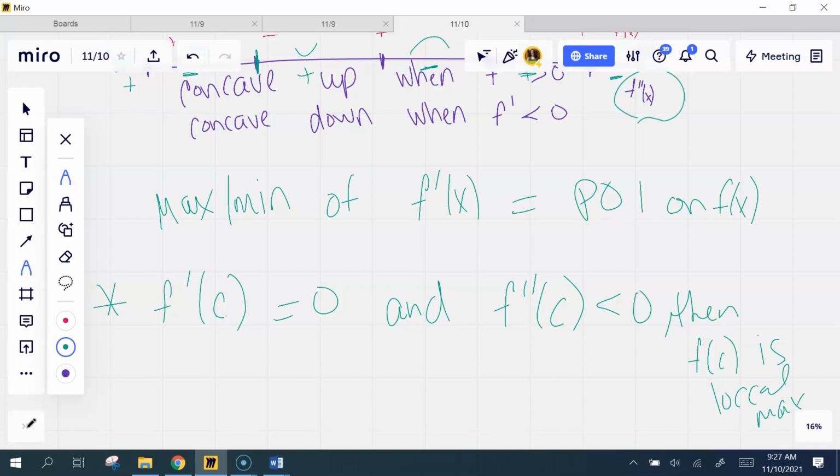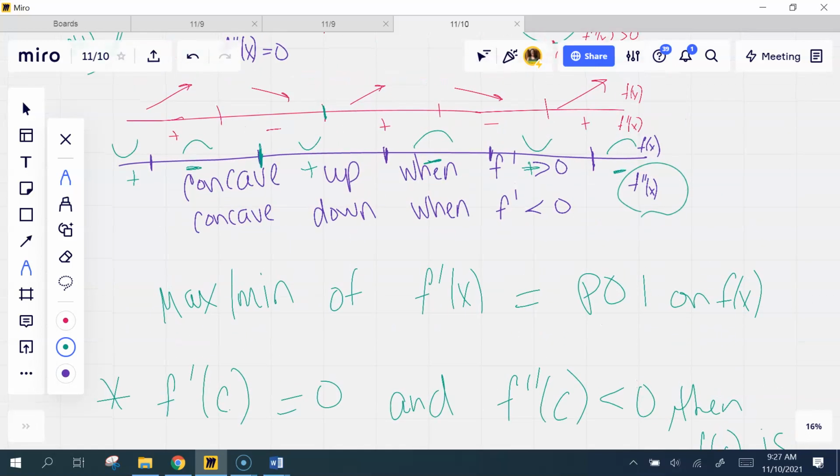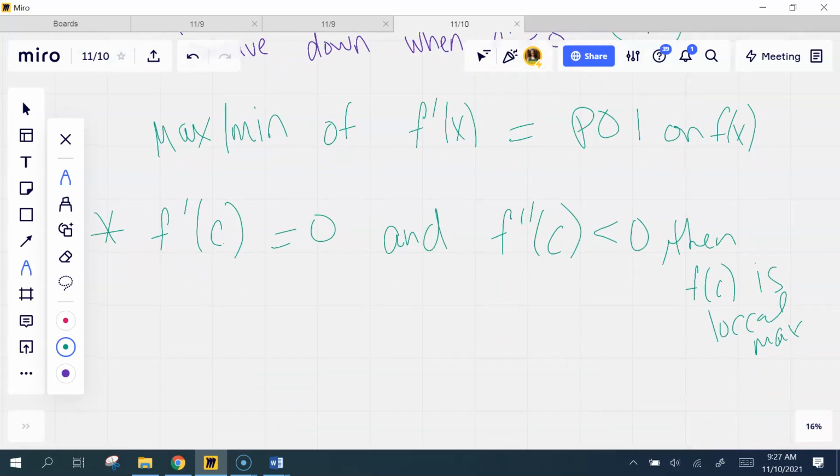If it's concave down, it does this. If the second derivative is negative, it tells me that I'm concave down on that area. Then f of c.